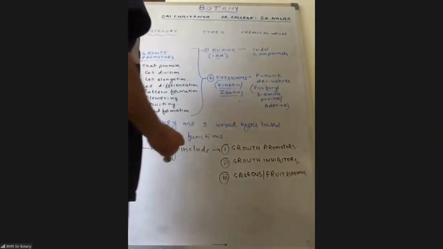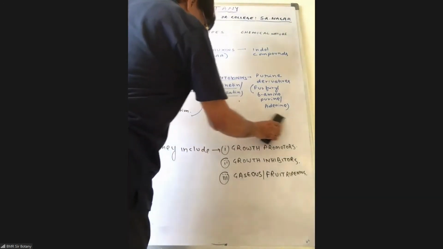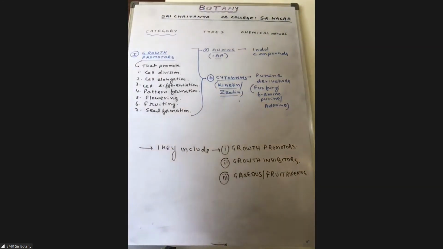Adenine was a type of purine, isn't it? Yes, sir. That was nothing but 6-aminopurine. If it is 6-oxy 2-aminopurine, guanine. The two purines were adenine and guanine. So this is an adenine derivative.